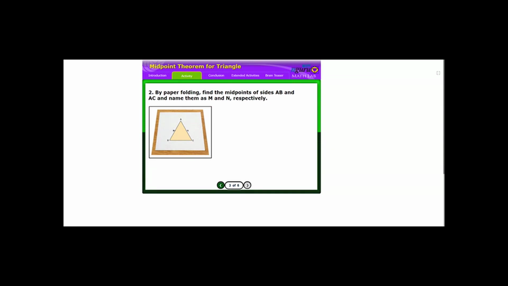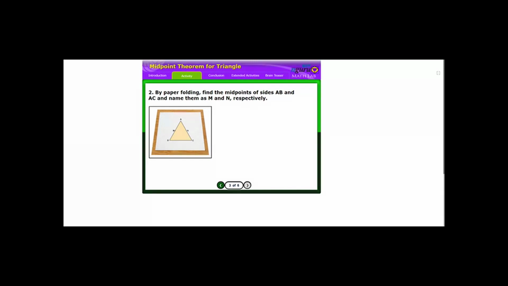What is paper folding? How will you find midpoint M and N? By paper folding. We have to place the vertex A on vertex B. Correct.